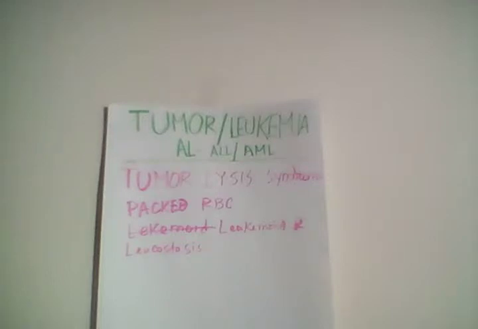Number 3. Lysis of the cell also releases intracellular phosphate. Phosphate reacts with the serum calcium, and the serum calcium concentration goes down. The patient would develop severe hypocalcemia effects.